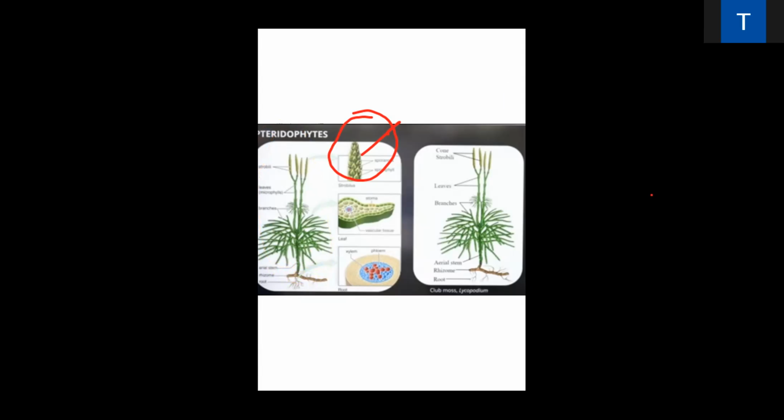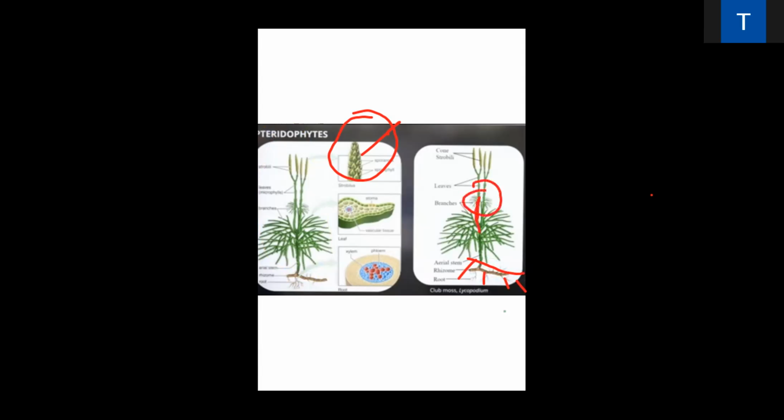Here is the structure where roots are present, and this is the rhizome, which is horizontal and thread-like. That is the root. It spreads easily like ginger. These are the leaves.